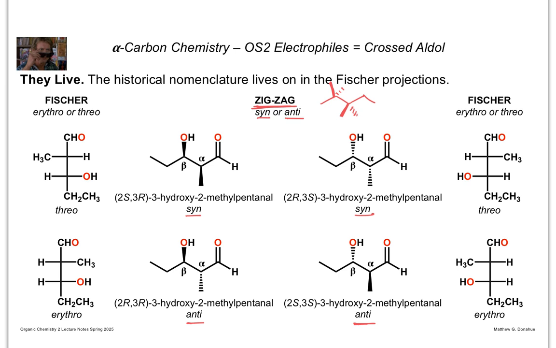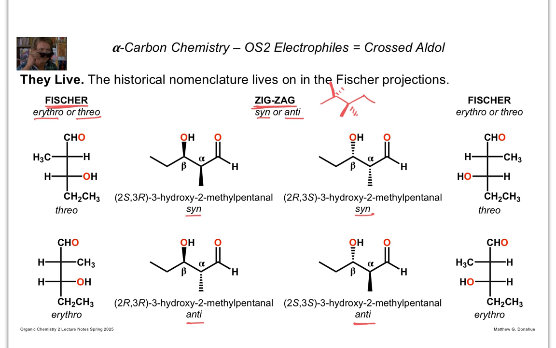But historically, there's other terms that are used called erythro and threo, and those deal with the Fischer projection. So those names come from two sugars, erythrose and threose, and they're dealing with looking at the relationship of substituents.